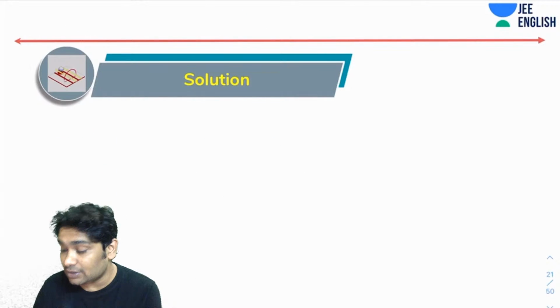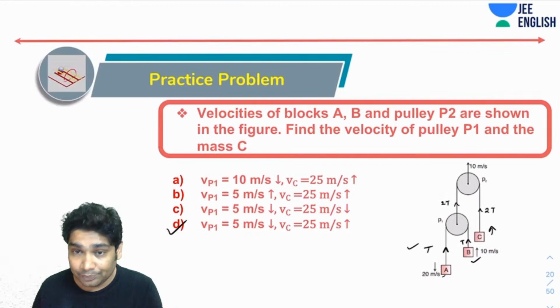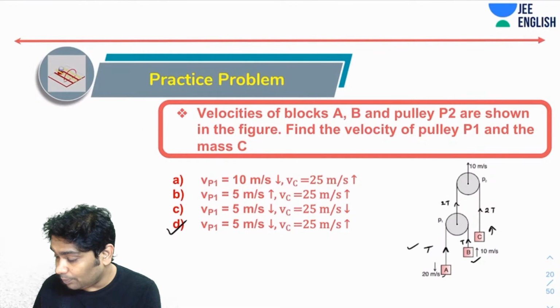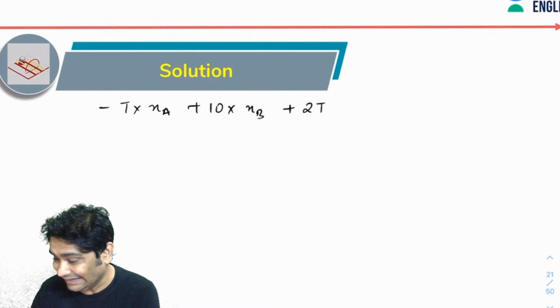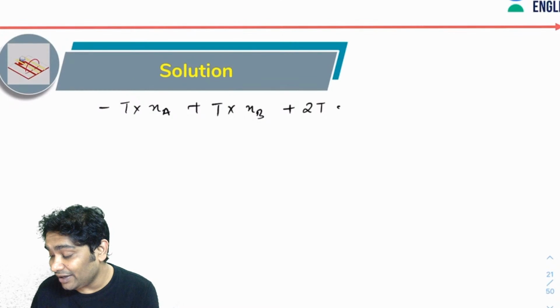So what will I get? I'll get minus T into XA, XA I'm assuming down, plus T into XB and plus 2T into XC.